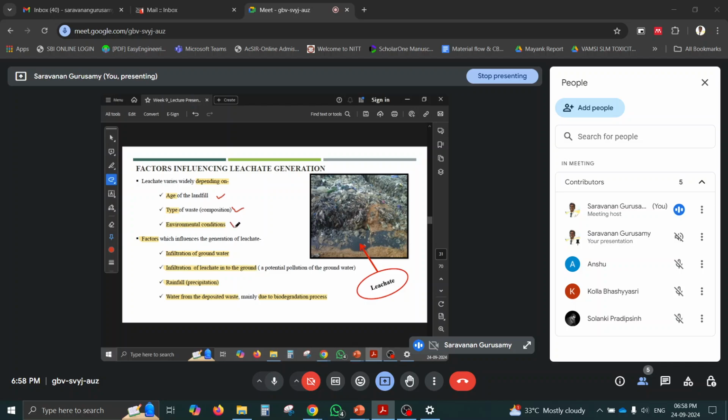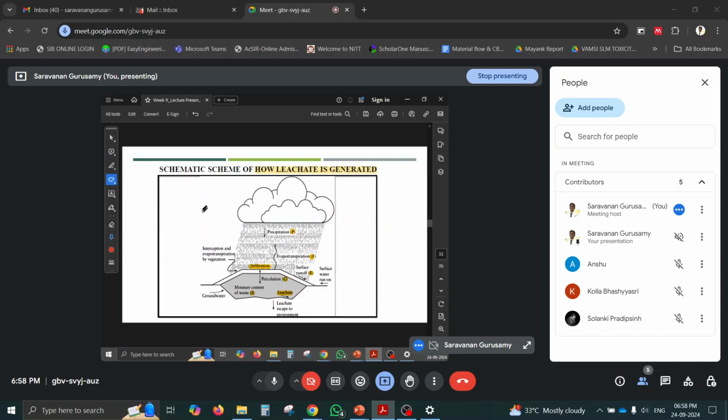And on environmental conditions: if the rainfall is less, the quantity of leachate will be lower. The factors affecting leachate generation are infiltration of groundwater, infiltration of leachate into the ground, rainfall, and decomposed waste producing some water.